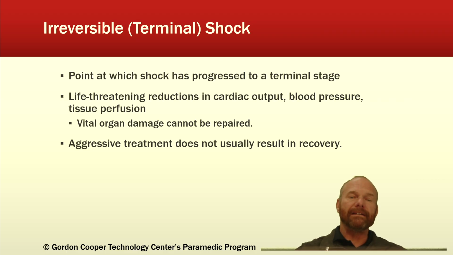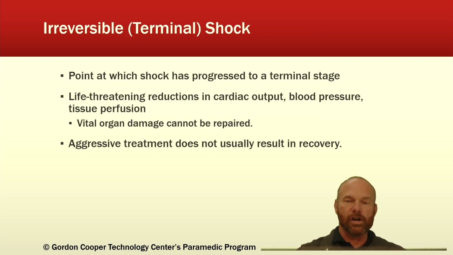And then we get into irreversible, so think of just about that term, irreversible shock. No matter what we do, it's not going to get reversed. So irreversible shock represents that point at which shock has progressed to a terminal stage. And we see some characteristics of that, which is rapid deterioration. There's this rapid and irreversible decline in the cardiovascular status.